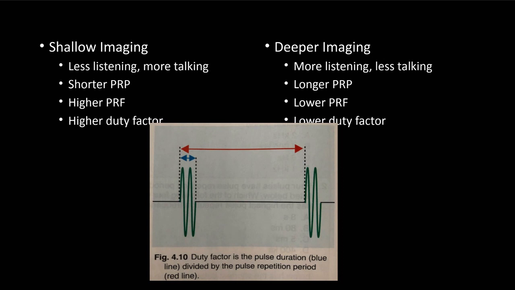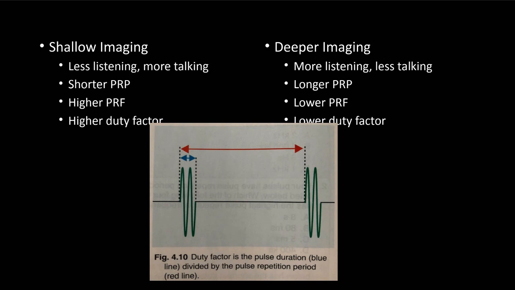Now, deeper imaging, that's all going to be opposite. So you're listening more, you're waiting for those reflections to come back into the transducer. You sent that sound wave so deep into the body that of course it's going to take longer for those reflections to come back to you, right? And then you can talk again. So we have more listening, less talking. We have a longer PRP.